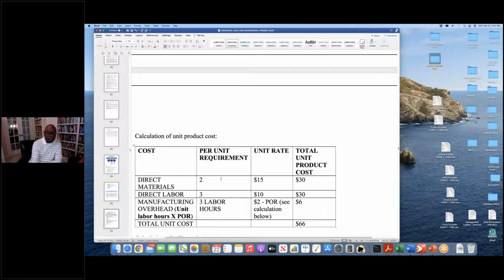The per unit requirement, 2 for raw materials times 1530. Direct labor, 3 times 1030. Then for the overhead, remember we said the answer was 6, but we calculate a predetermined overhead rate.